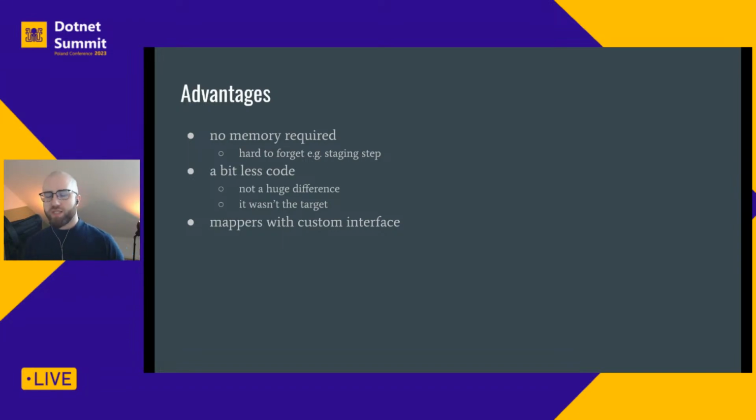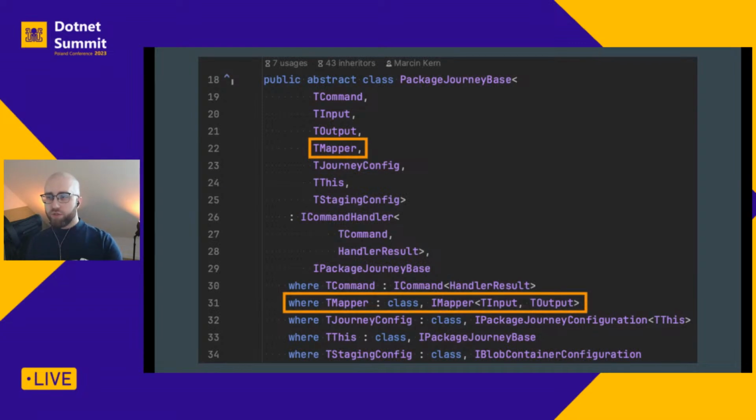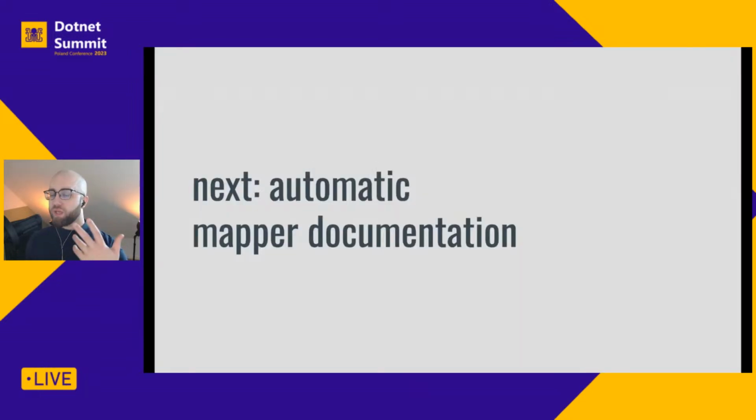It's not a huge thing on its own, but it looks like this: when you have the journey base and you have the mapper, that mapper needs to implement the IMapper interface, which also specifies the input class and output class. And it can be important for our particular case, because we right away have the next step in improving this whole solution, improving this package journey approach.